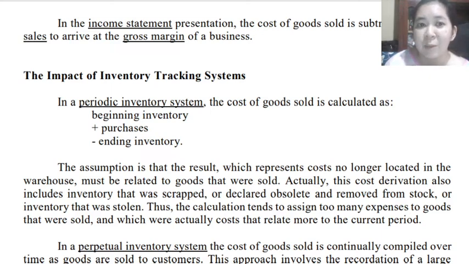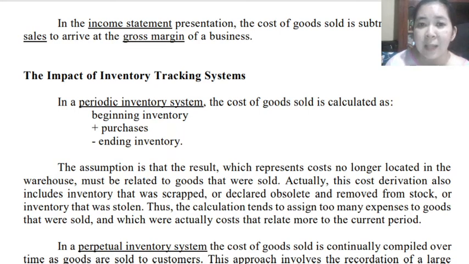This is what we call the periodic inventory system. There is no updating of the inventory level when there is a transaction that relates to it, such as sales and purchases. Again, they just count their inventory at the end of the accounting period, and then they will use this formula in calculating the cost of goods sold.